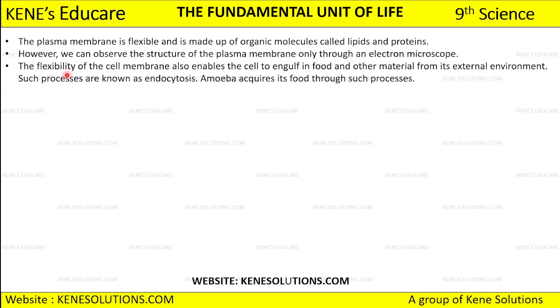Okay, so the flexibility, as I told you that the plasma membrane is flexible, so the flexibility of the cell membrane also enables the cell to engulf the food and other material from its external environment. तो ये जो cell membrane की flexibility है, that is going to enable the cell so that it can engulf, so that it can take in food as well as other materials which it needs from its external environment, and such processes we call endocytosis. ऐसे processes को हम क्या बोलेंगे?